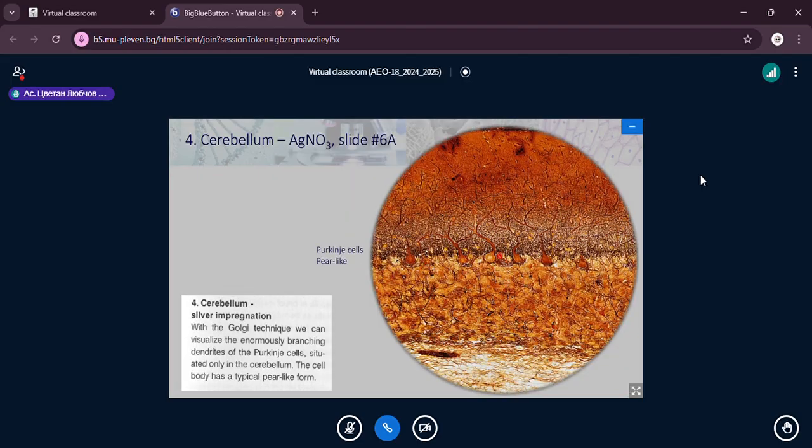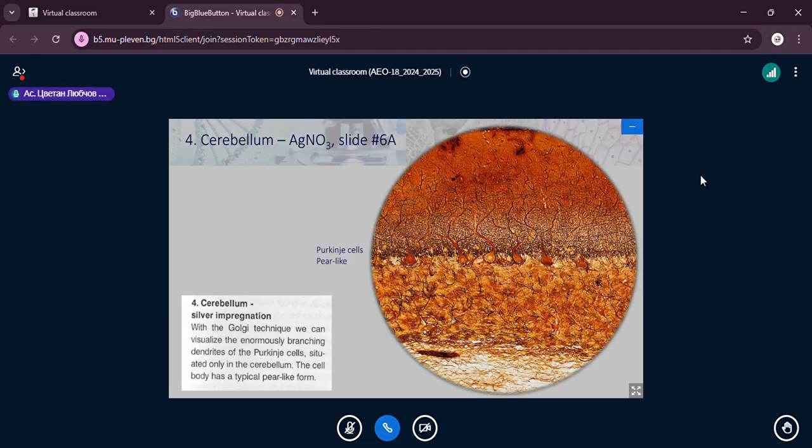That's why we call them pear-shaped cells. Those are bipolar neurons, guys, which have one dendrite tree like this, and then one axon which comes from here like that towards the white matter. They are pretty big, very easy to spot. Do you see them here?